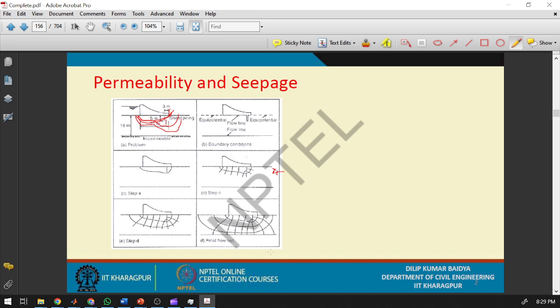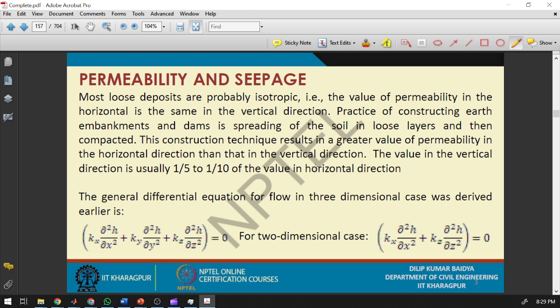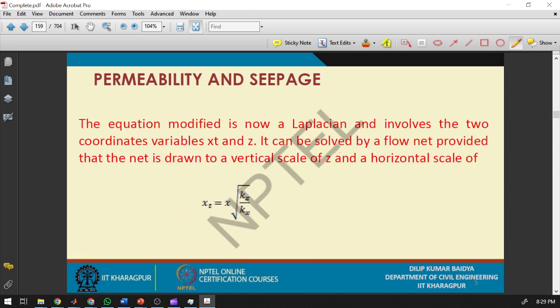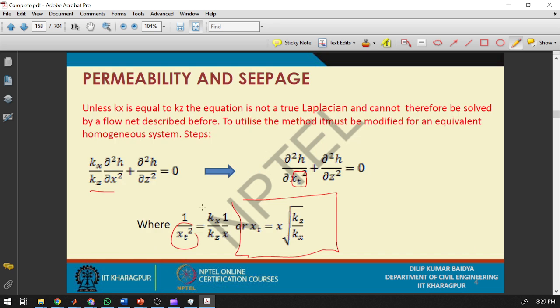We make the flow net, we calculate whatever we need to calculate, and then after calculating, we put xt back equal to x. This is now a Laplacian. See, by doing this, we convert this equation, which is not a Laplacian equation, into a Laplacian equation.